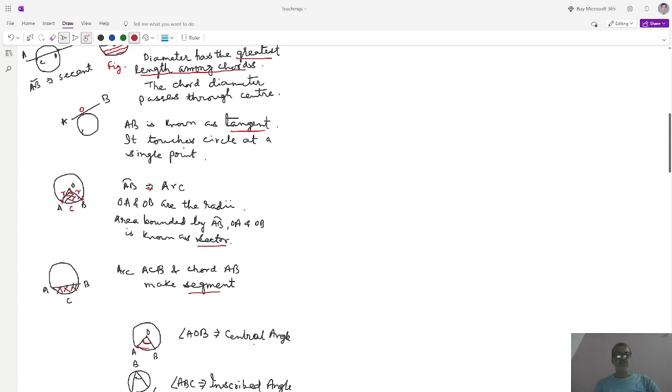So, a segment of a circle is bounded by an arc and a chord. Here, the arc is ACB and the chord is AB. You have to understand the difference between sector and segment very clearly. You should not have any confusion in these two terms.